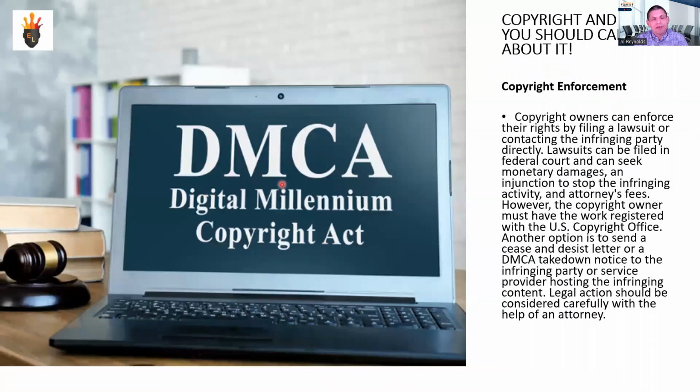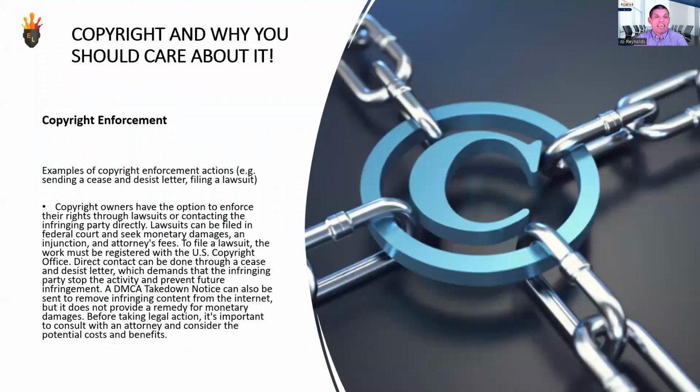Now, there is this group, the DMCA, Digital Millennium Copyright Act, and they're like the internet police for copyright infringement. And they will often create lawsuits and file takedown notices and send notices of copyright infringement to people who are really breaking the law and really going against the grain, if you will.